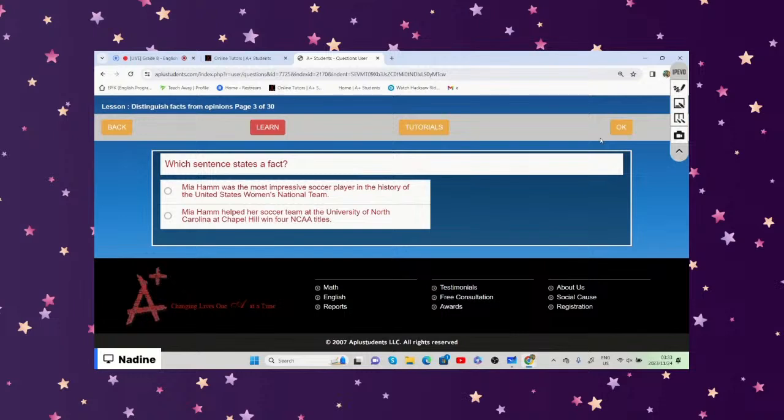And now we need to state the fact. Mia Hamm was the most impressive soccer player in the history of the United States women's team, or Mia Hamm helped the soccer team at the University of North Carolina at Chapel Hill win 4 NCAA titles.